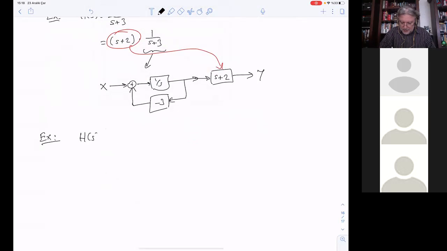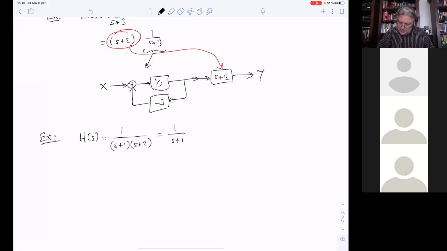H of s is equal to 1 over s plus 1, s plus 2. This is a second order system with two poles. There are two other alternatives of this.